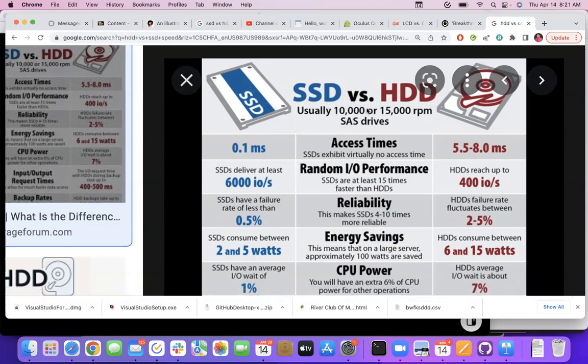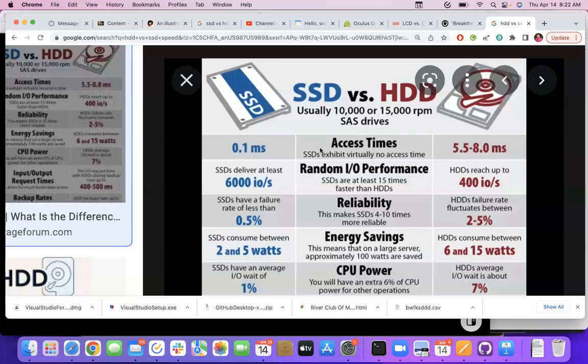Typically these are going to be 7,200 RPM hard drives. If you get into the higher performance ones made for servers, you can get 10,000 or 15,000 RPM drives, and they typically have heat sinks in them because they start getting hot. But even with that, they're still way slower than solid state.